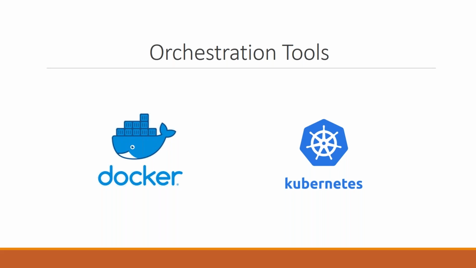That we call an orchestra. Using the same base, we have these tools called Docker and Kubernetes. That's the reason these tools are called orchestration tools. Here they are going to manage the different applications that are running.